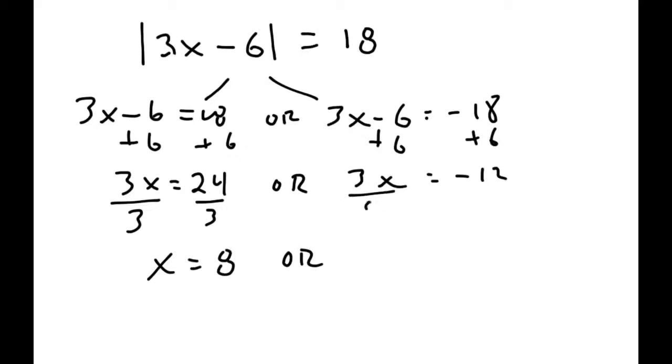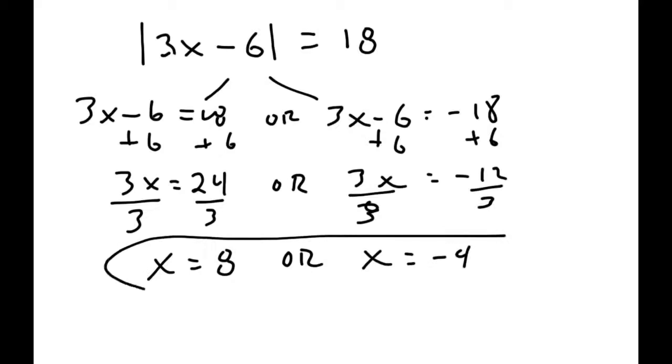Or, same thing over here, divide by 3. x equals negative 4. So it looked a little different with that 3 there, but that was okay. It wasn't outside the absolute value symbol, so I left it there, broke it down into two parts, and just made a two-step solution problem, that's all.